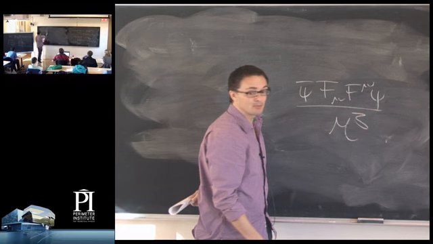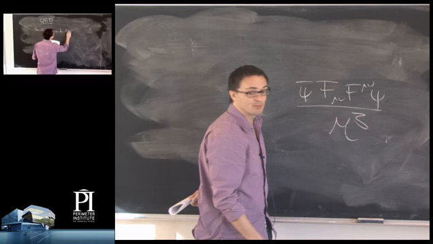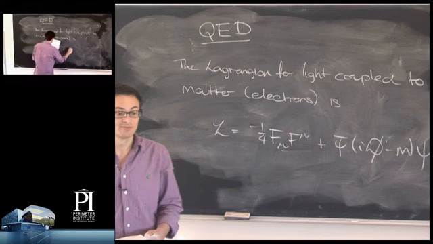Let me just finally write down the Lagrangian for QED, and we've just actually seen it. So the Lagrangian for light coupled to matter, which means electrons, is the following.